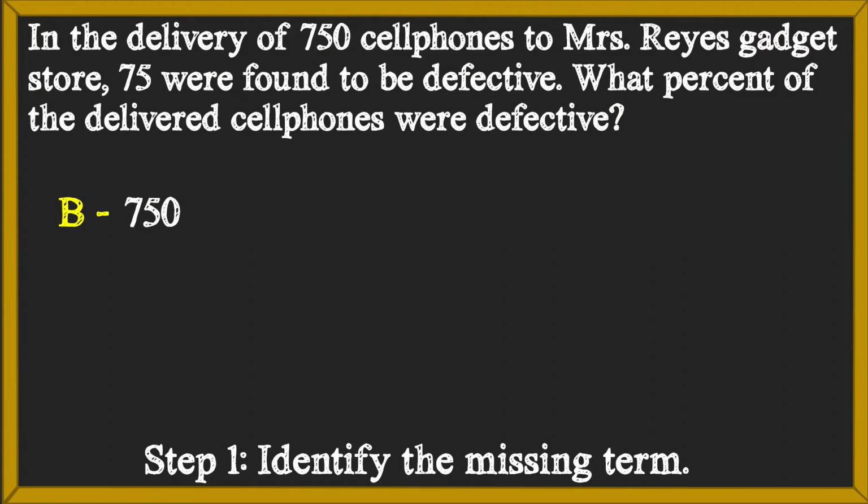And out of 750, there are 75 found to be defective. So this will be our percentage. So the missing here is the rate because there is no number with a percent sign.